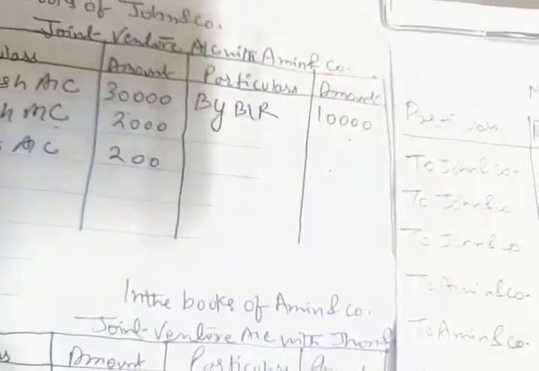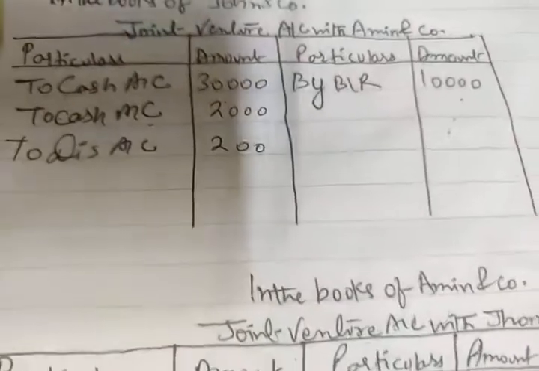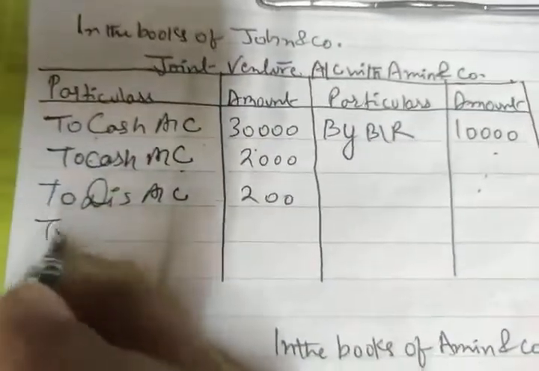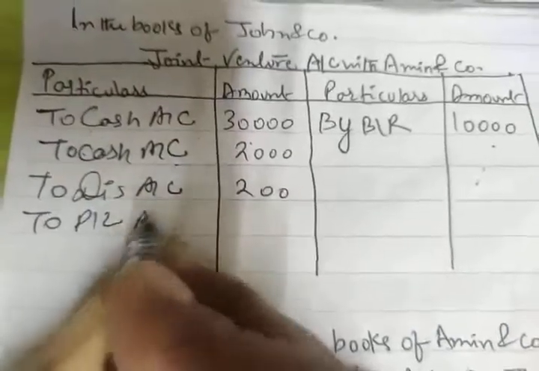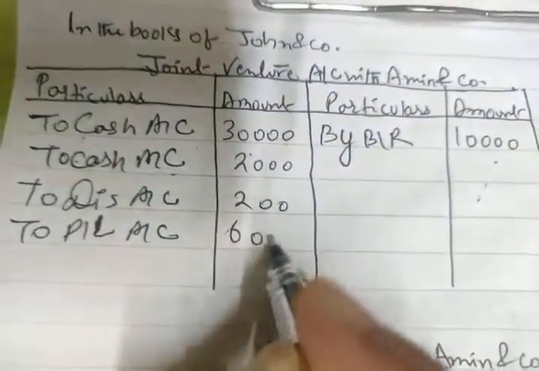Okay, so let's do that also. We have got the profit of rupees 6,000. So let's make the entry to profit and loss account, because finally this profit we need to transfer to their profit and loss account only.